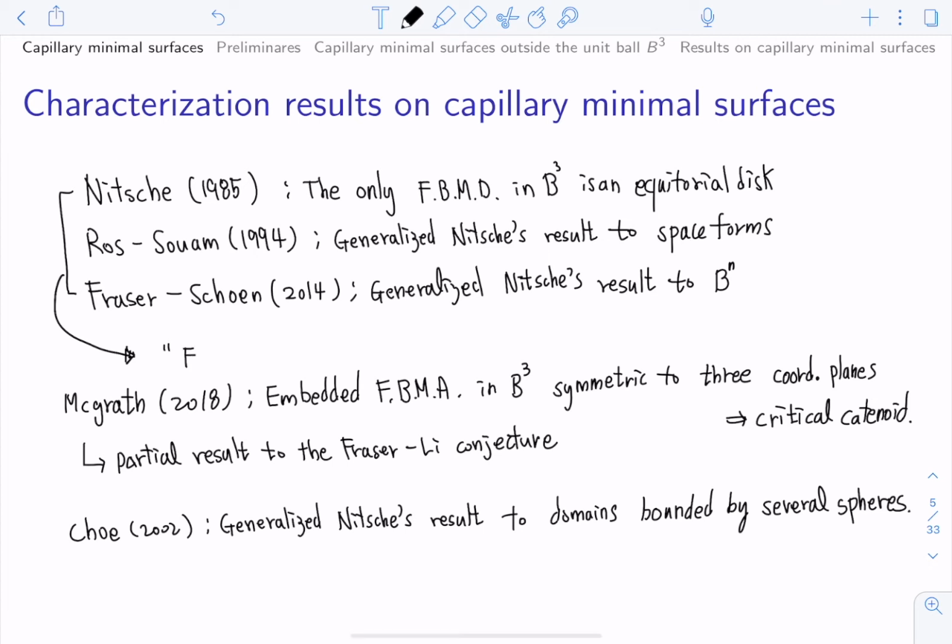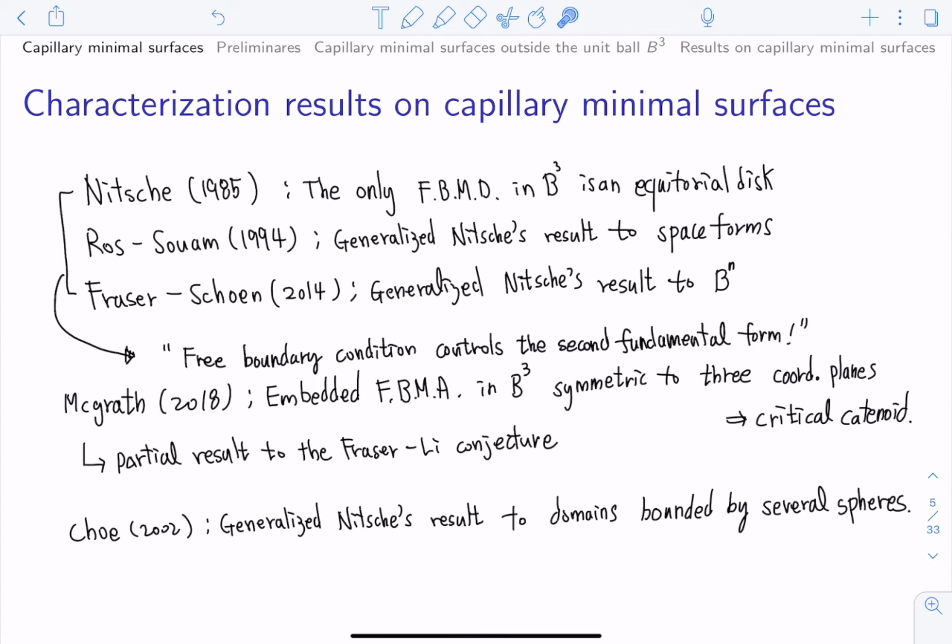The free boundary condition controls the second fundamental form of the surface. We will talk about this later on.